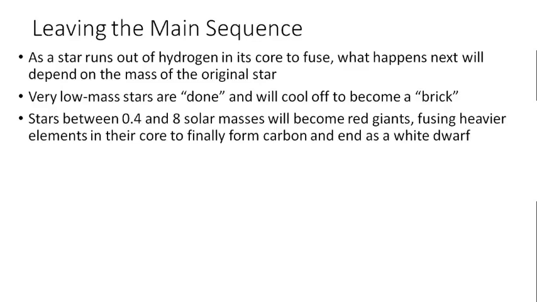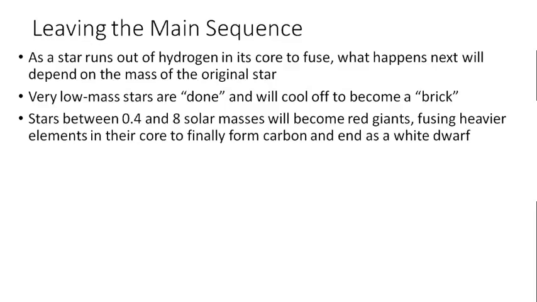Stars between 0.4 times the mass of our sun and 8 times the mass of our sun, so this would include us, what they do is, we say on the HR diagram, they move up, or they leave the main sequence and become giants. And thus our sun will begin fusing heavier elements, like it'll take helium and fuse it together to make, is it carbon?